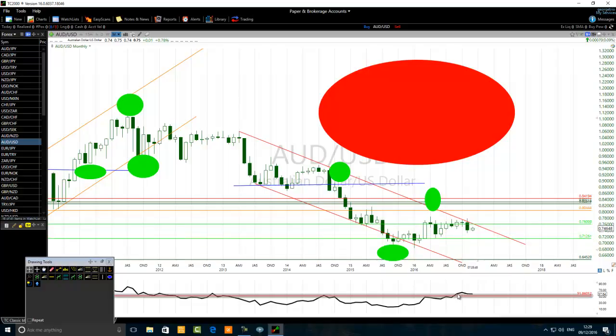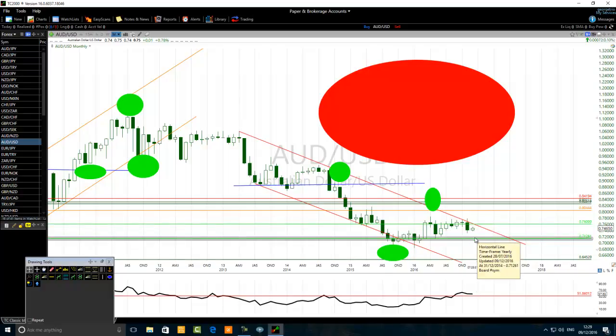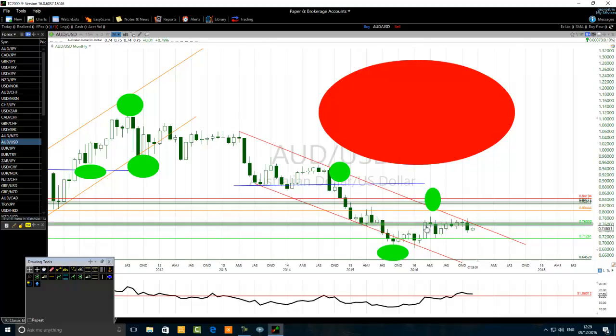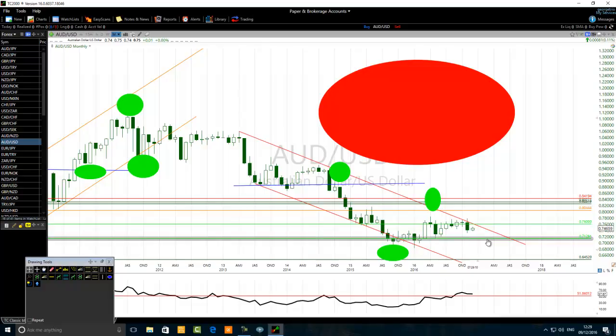Though the RSI is above 50, looking at the price action itself, the price structure, we have a horizontal channel. Therefore, we will be giving priority to bearish signals near the high of the consolidation, and we will be giving priority to bullish signals near the low of the consolidation.